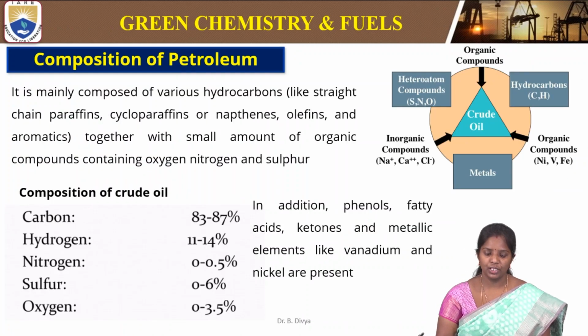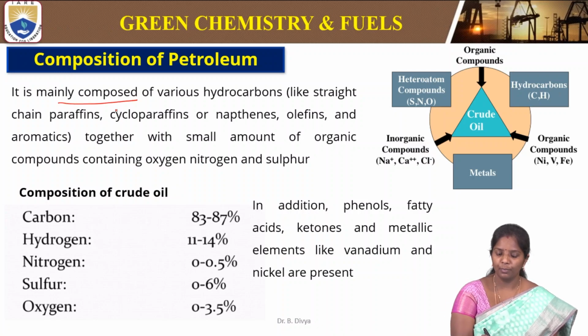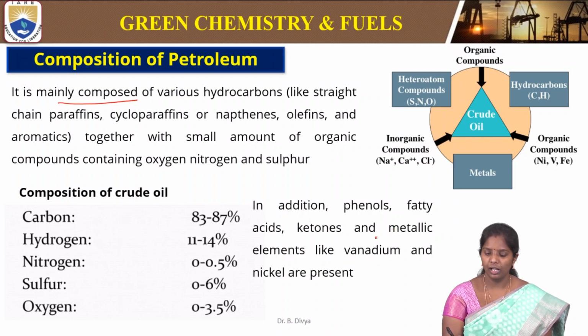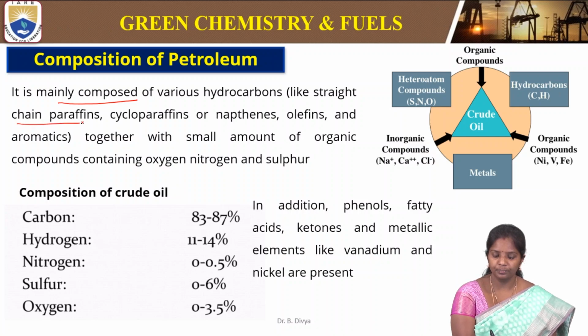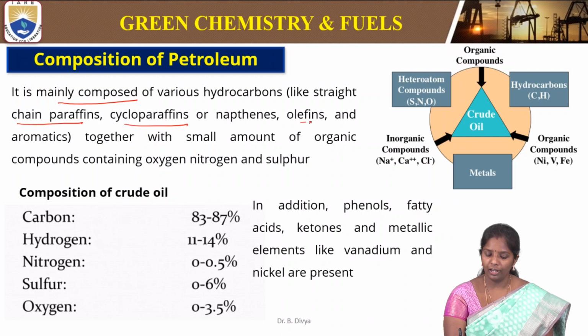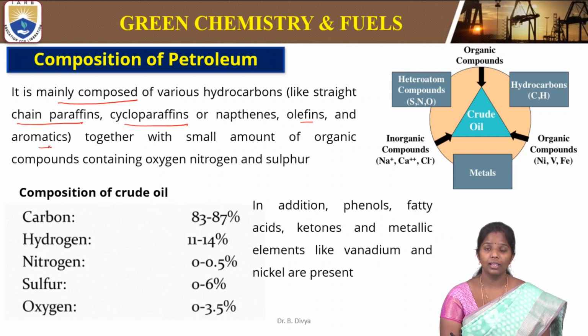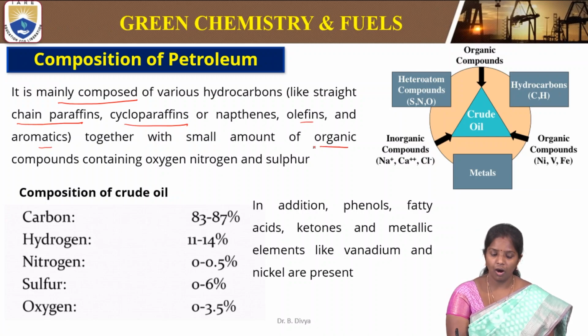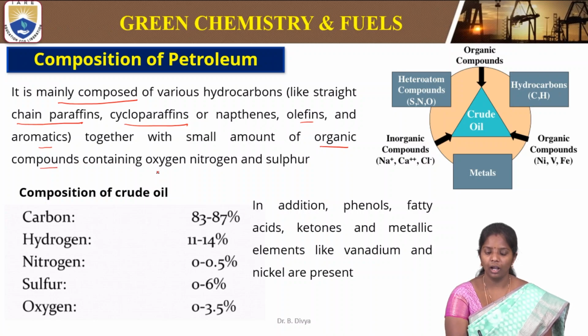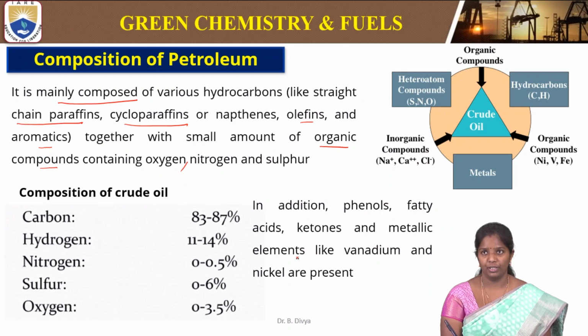The composition of petroleum: it is mainly composed of various hydrocarbons like straight-chain paraffins, cycloparaffins or naphthenes, olefins and aromatics. All these, along with organic compounds containing oxygen, nitrogen and sulfur, make up the composition of petroleum.